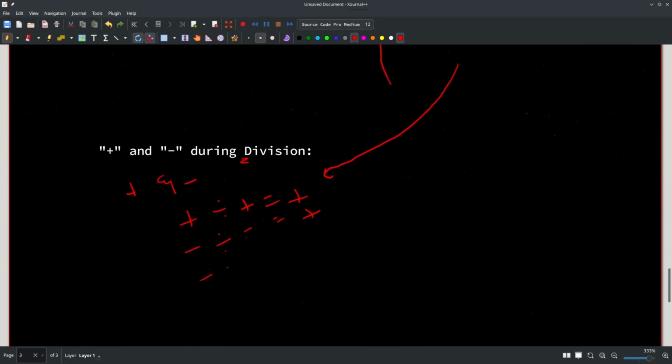And then negative divided by positive is going to be negative. And then positive divided by negative is going to be negative. So these are your plus and minus, or positive and negative during division.